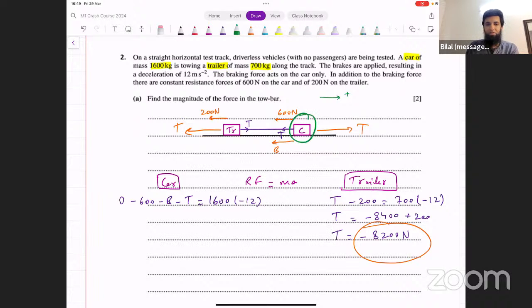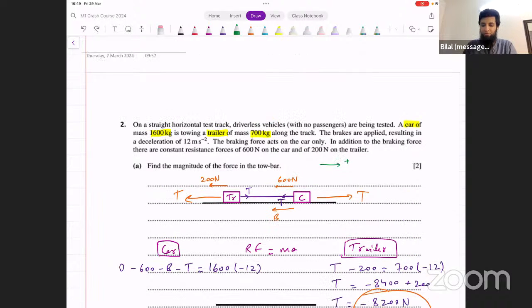Car starts to decelerate, its velocity decreases. There are no brakes applied on the tow bar, right? Tow bar is not something that has any intrinsic force as such. Brakes are applied on the car. Tow bar was still moving at a greater velocity. So tow bar is actually going to push the car. When the car applies the brakes, tow bar is going to push the car forward.